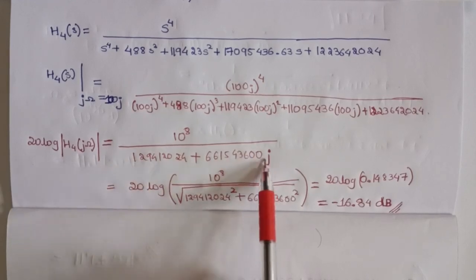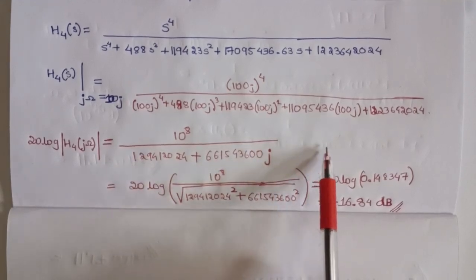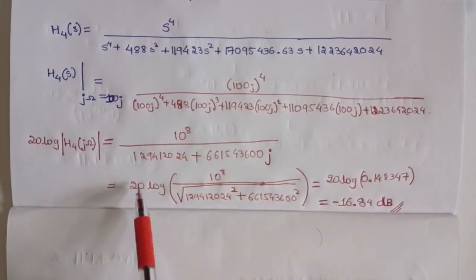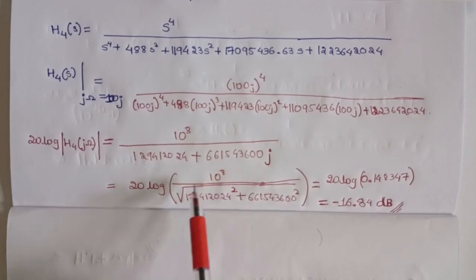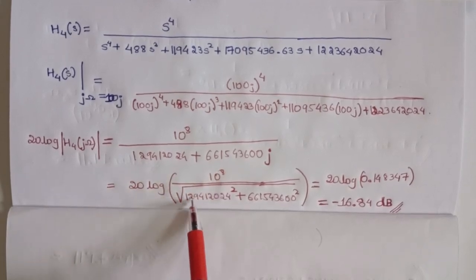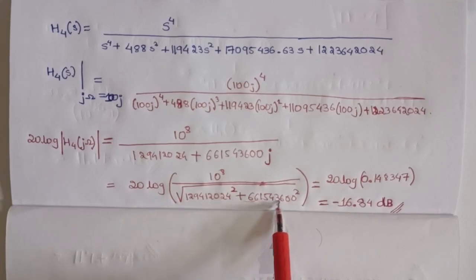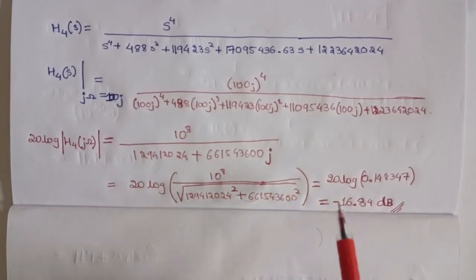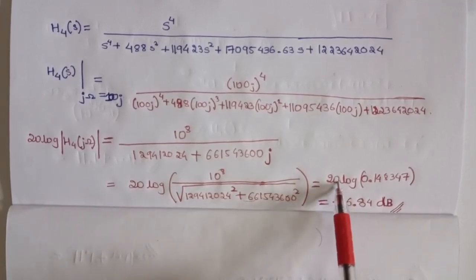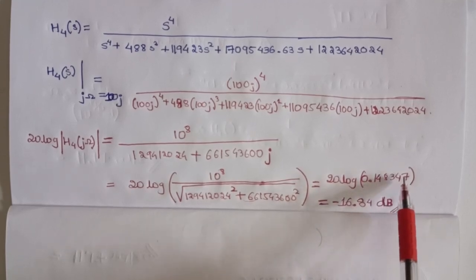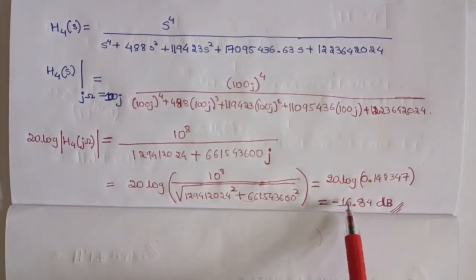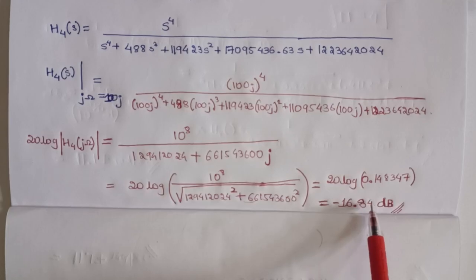To find the magnitude, we apply the formula a plus jb equal to under root a square plus b square. 20 log 10 raised to 8 divided by under root 129412022024 square plus 6615436000 square. We get the answer as 20 log 0.148347, for which the magnitude is minus 16.84 dB.